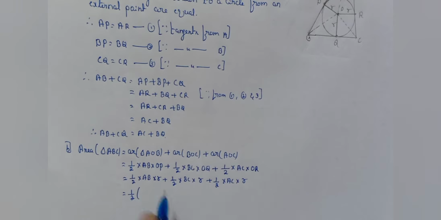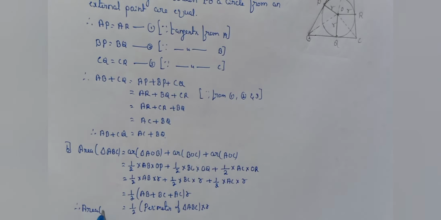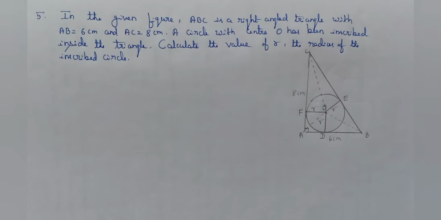Half into AB plus BC plus AC into R. AB plus BC plus AC is nothing but the perimeter of the triangle ABC. Half into perimeter of triangle ABC into R. So the area of the triangle ABC is equal to half into perimeter of the triangle ABC into R.